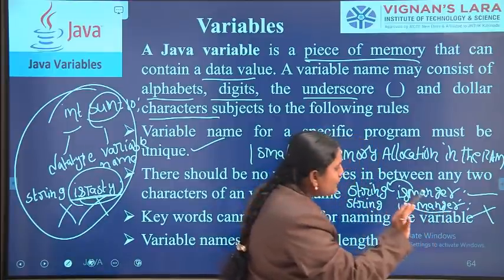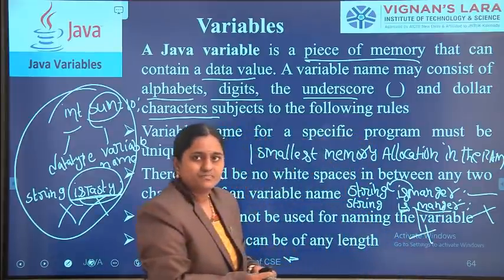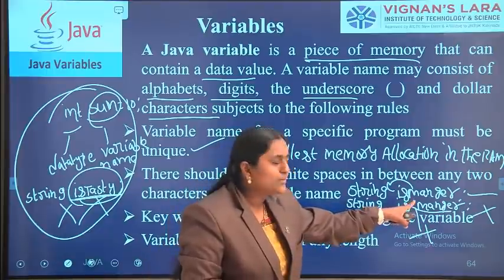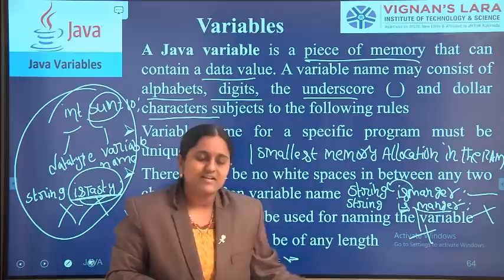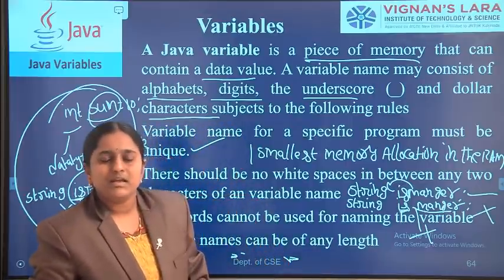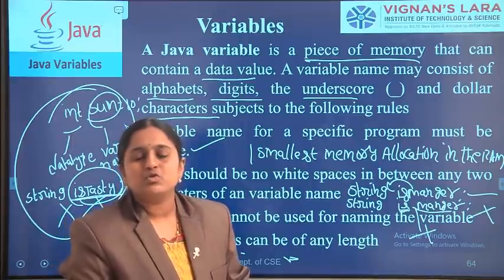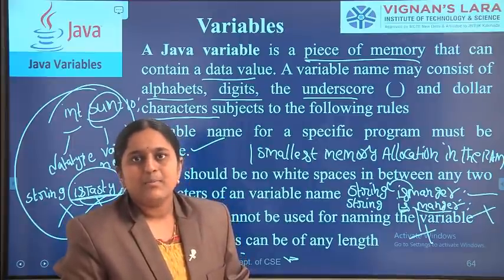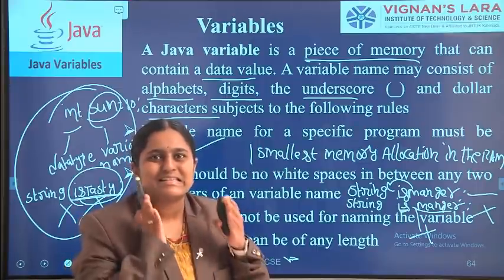There should be no white spaces in a variable name when defining variables. It is an invalid variable declaration whenever I define a variable with white spaces in our program. At the time of compilation it leads to an error, and our program will not compile successfully, because a variable name is a single word.